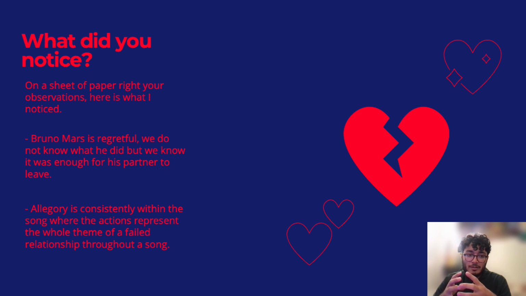And there's a lot of irony in this. There's a lot of irony that he knows what he did was wrong, but he still kept doing it anyways. And there's also a lot of allegory. There's a lot of themes that represent the whole song. For example, there's the theme of him thinking that doing nice things is going to bring her back. And it brings back that whole theme of the song of his lack of commitment.